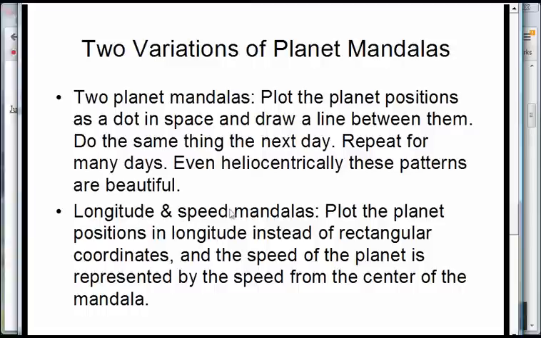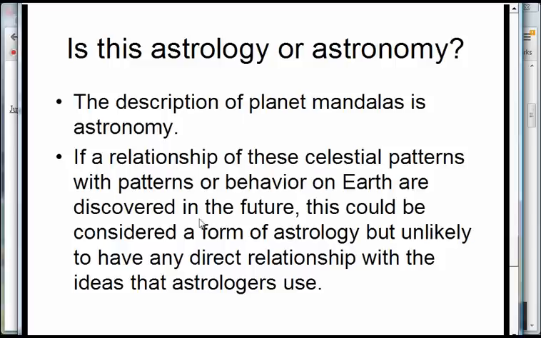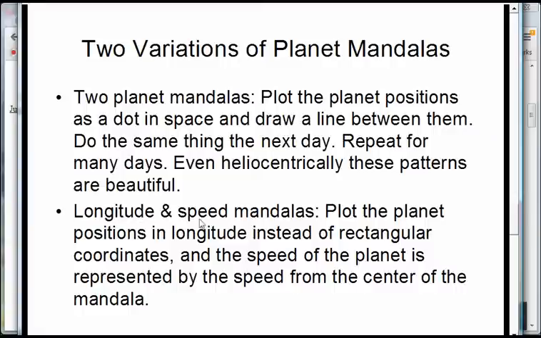The interesting thing about a longitude and speed mandala is that you've incorporated the speed or motion of the planet rather than just its position, and it creates interesting patterns. Whether these beautiful patterns have some scientific application or relevance, I don't think anybody knows right now, but you do get beautiful images. Okay, so let's look at some of these images.